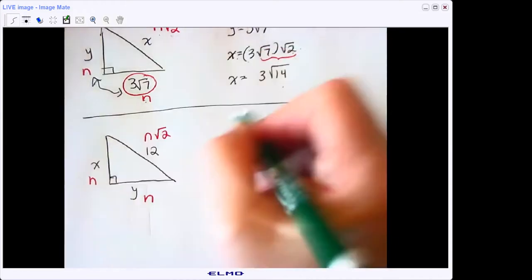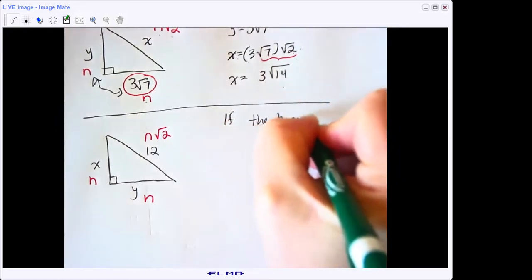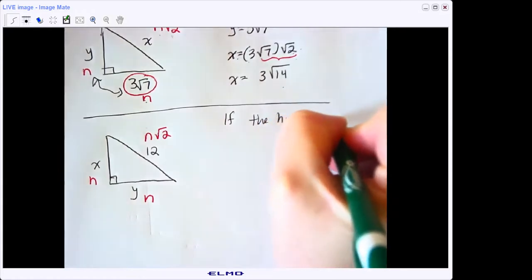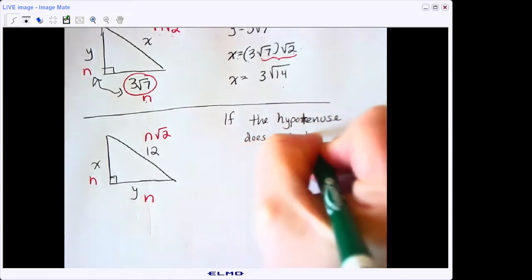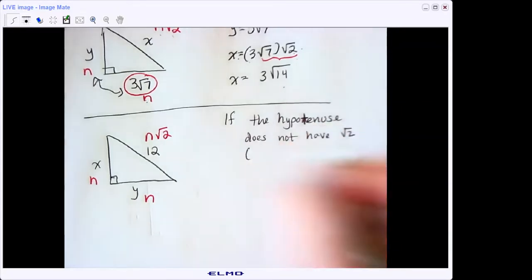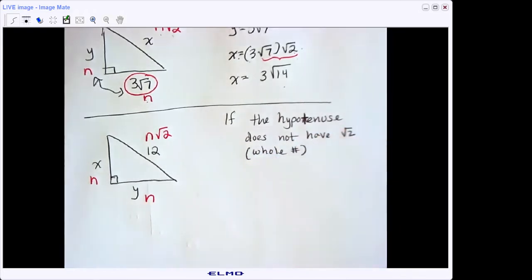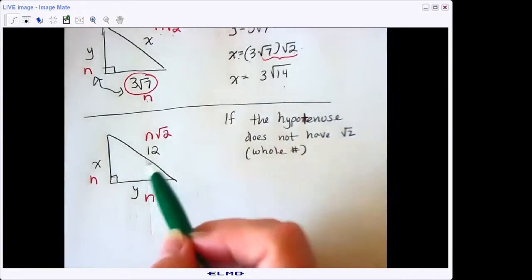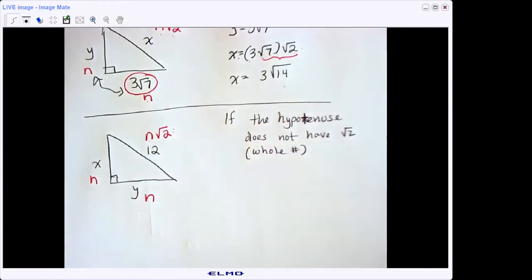So if the hypotenuse does not have root 2, most of the time it'll be a whole number. This is what we'll do. I know that I can write an equation saying that n root 2 is equal to 12.